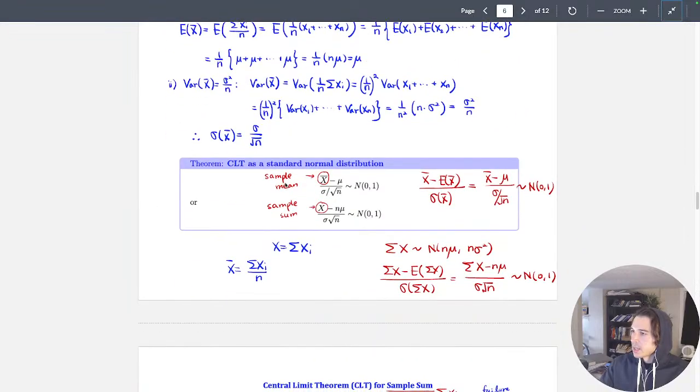And the CLT as a standard normal distribution: the sample mean, x bar minus mu over sigma over square root of n, comes from a standard normal. And the sample sum, x minus n times mu, over sigma times square root of n, comes from a standard normal.